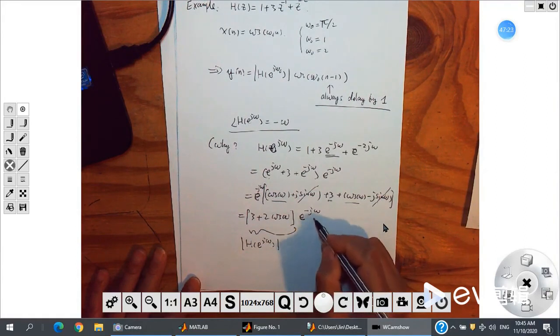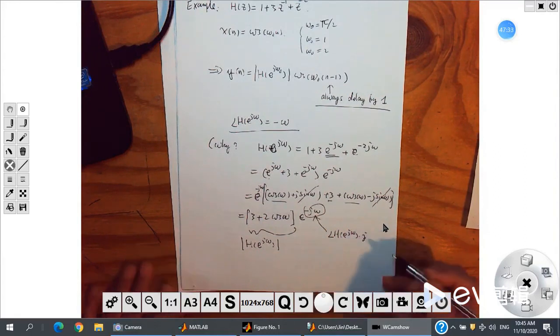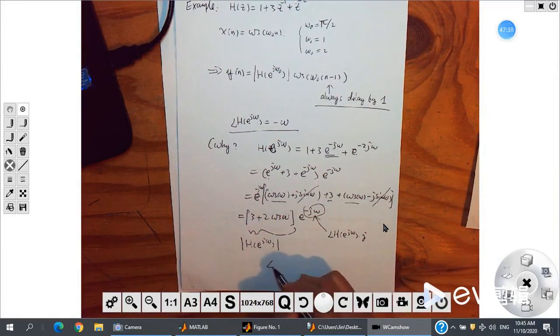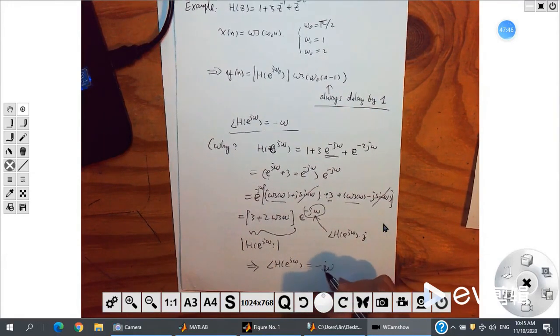And this part is the angle of H of e to the j omega times j. It's like this. So the angle now is negative omega. That means alpha is 1. Alpha is 1.